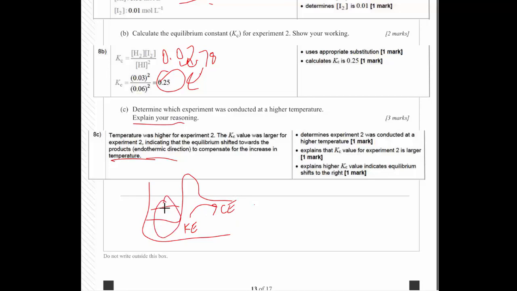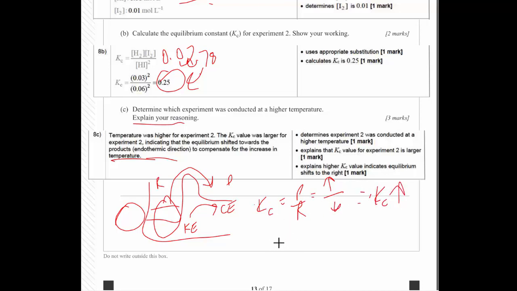With an increase, it makes it easier to go in this direction because you're increasing the amount of kinetic energy in the system. Whereas going from chemical energy to kinetic energy, you're not looking for any more heat, you're just releasing heat. So it favors the reactants going into products. So the Kc is products over reactants. And so if that one increases and that one decreases, therefore Kc increases.